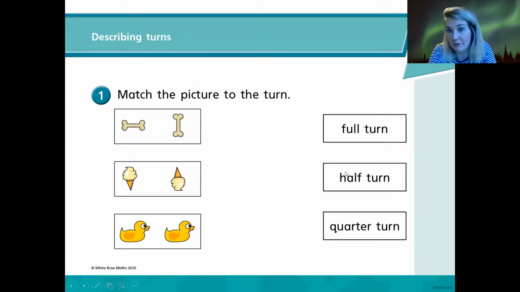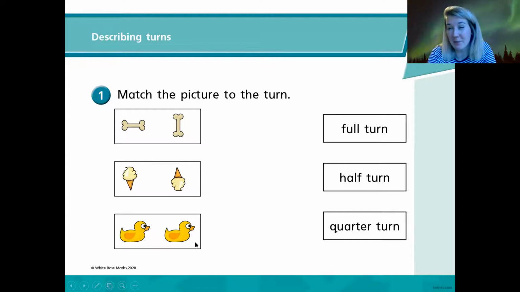It has done a half turn. So you would draw a line to that one, okay? Because this ice cream here has done half a turn. This duck, well, it's facing the same way again, isn't it? So, and you know from our dance moves that that would be a full turn. So you draw a line like that.